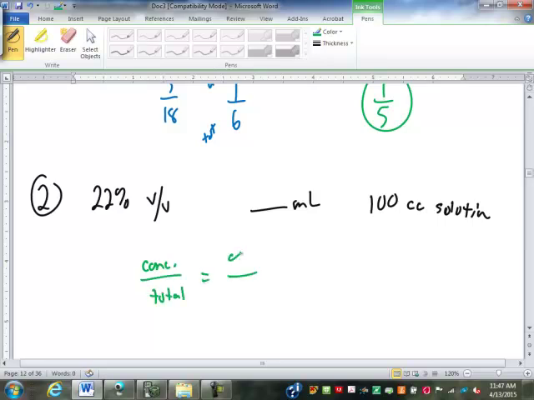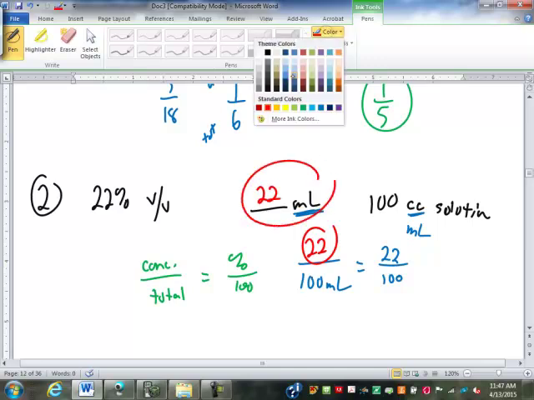That equals your percent over 100. Have to be the same units. However, a milliliter and a cc are the same thing. So that is 100 milliliters. So that is blank amount of concentrate over the 100 milliliters total equals 22 over 100 is our percent. If you cross multiply and divide, that ends up being 22 milliliters of concentrate.